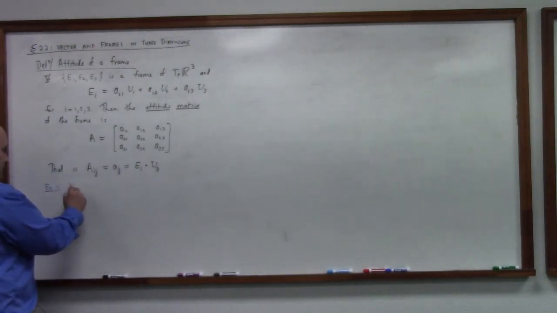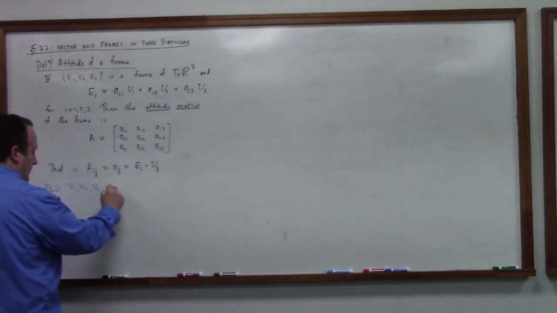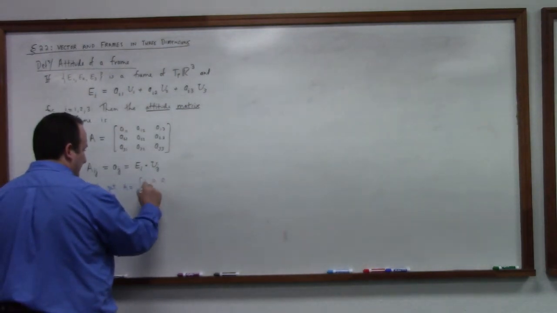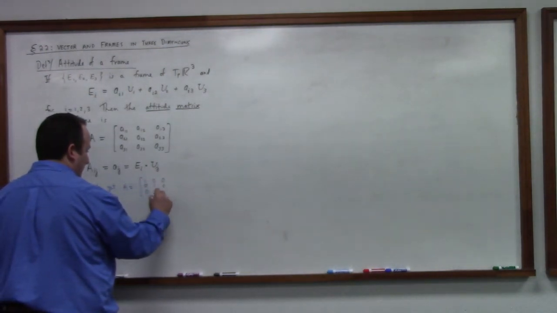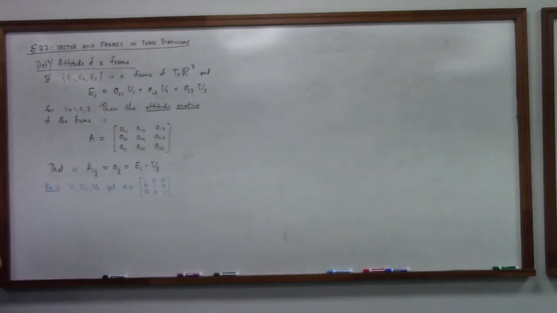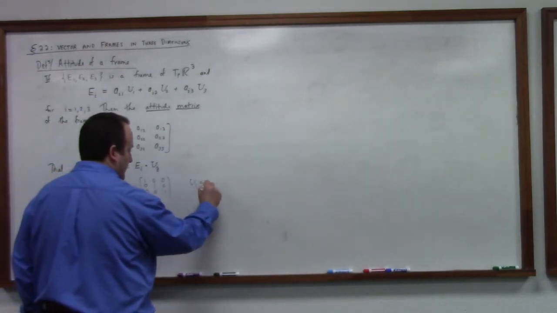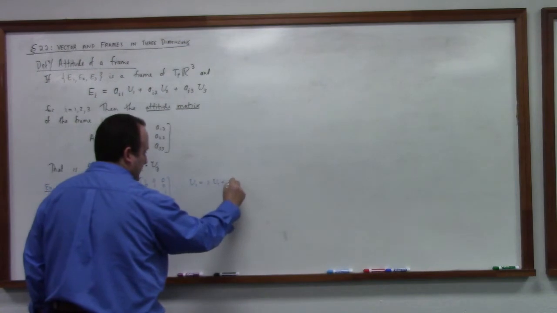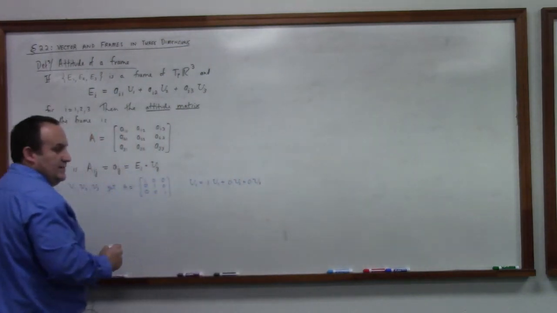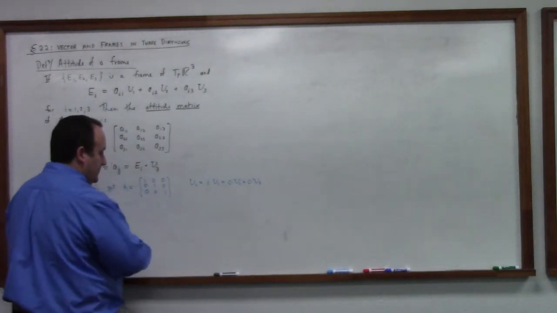For U1, U2, U3, we get A equal to the identity matrix, because, for example, U1 is equal to 1 times U1 plus 0 times U2 plus 0 times U3, so that 1, 0, 0 appears here.